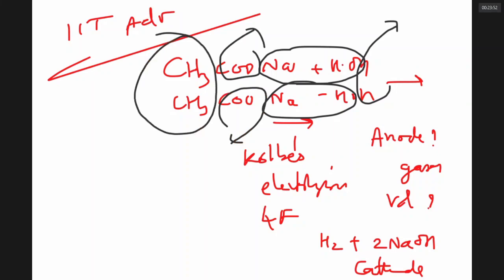Notice, carbon products will come at the anode, so I will be getting 1 mole of ethane and 2 moles of CO2 at the anode. Hydrogen products come at the cathode.